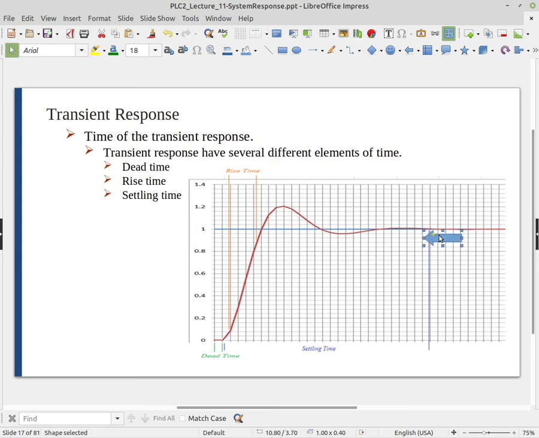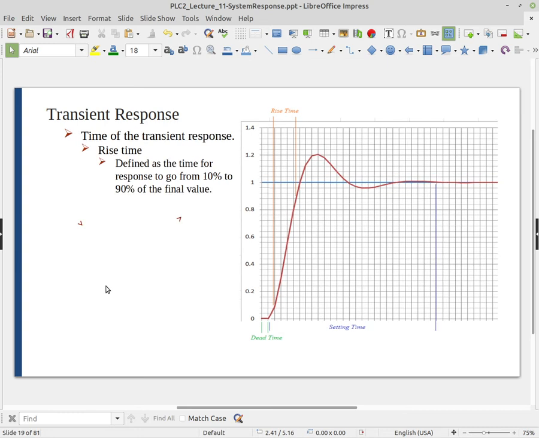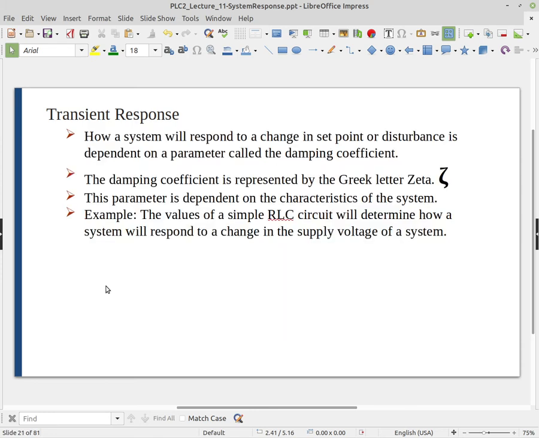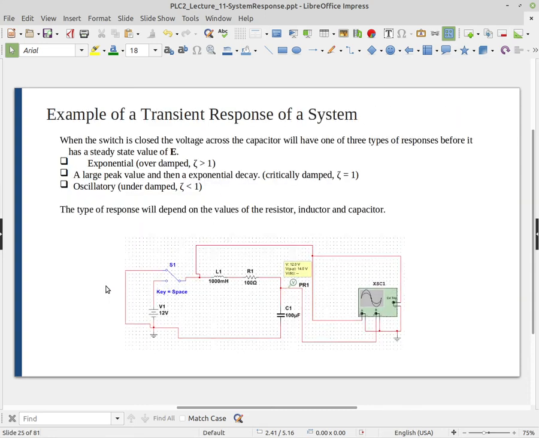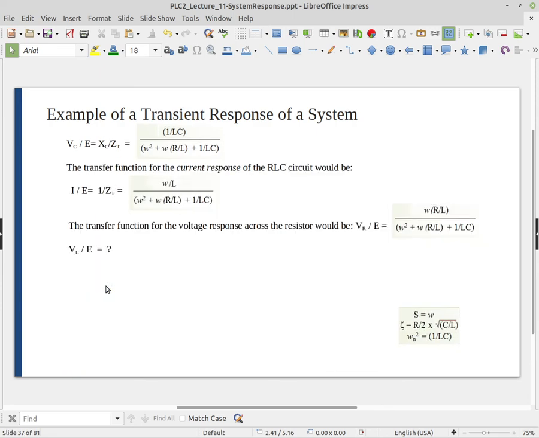We've pretty much talked about the dead time, and the 10 to 90% rise time I just mentioned. The settling time is when the process variable is within plus or minus 10% of the final value. All right, I'm going to jump ahead to a different slide for a minute, and then I'll pop back.